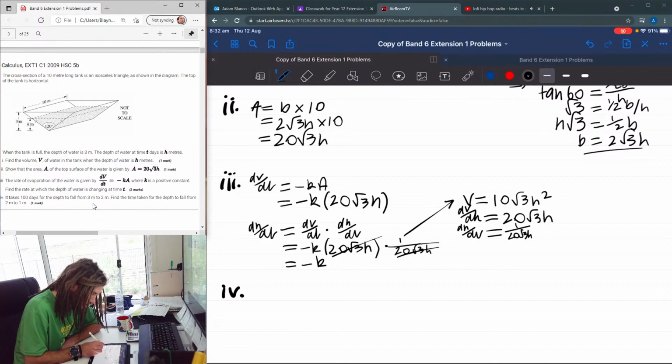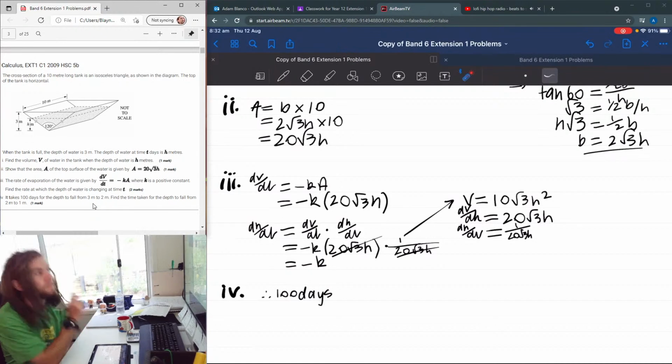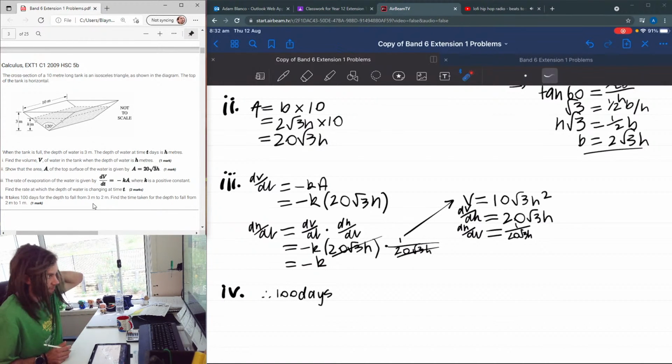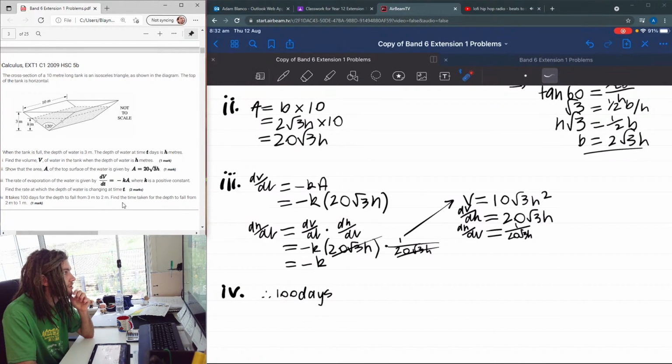So in other words, this is also just going to be 100 days because it's got a constant rate. That's just something you'd have to recognize. And if you didn't get this part as just k, then you kind of shoot yourself in the foot for this part, which is a little bit mean, but you know.